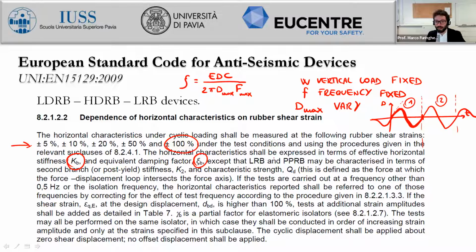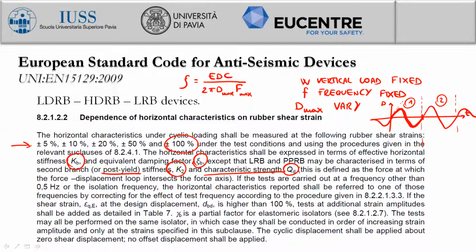But if we have lead rubber bearings or also other typologies of devices with high dissipative polymer, we have to characterize the post-yield stiffness instead of the effective stiffness, and the characteristic strength, which is the force at which the force displacement loop intersects the vertical force axis. Yes, so please, the questions.